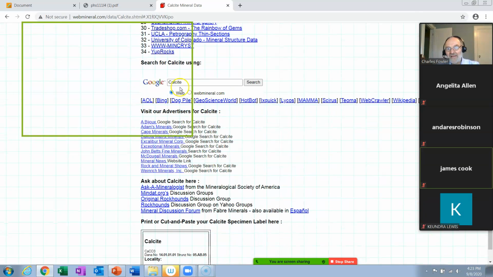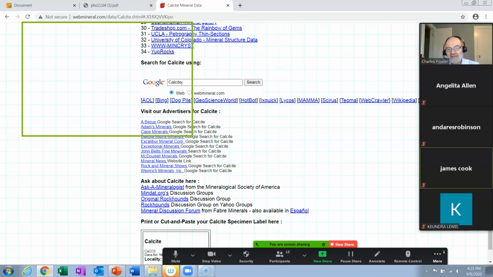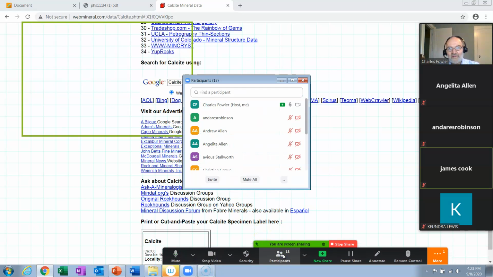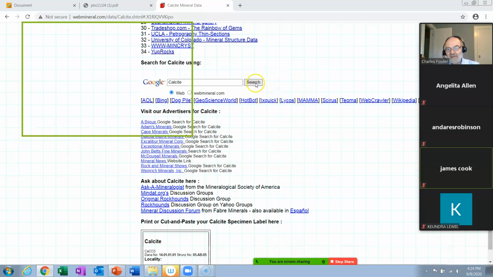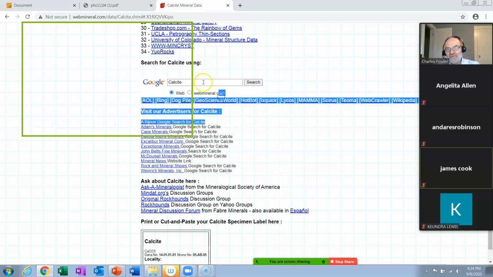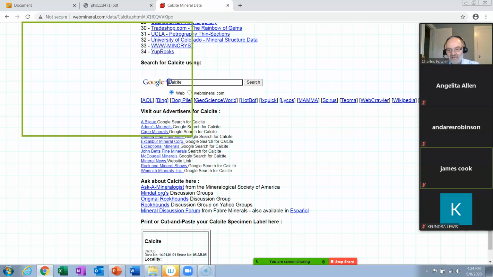You could type in right here. I think you can. You could try typing in here the next one, magnetite. Let's see if we can do that. And search.